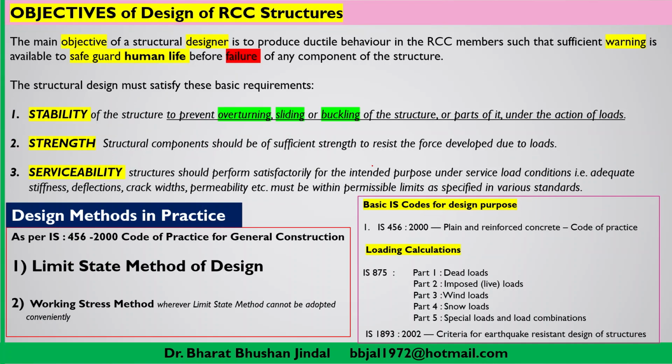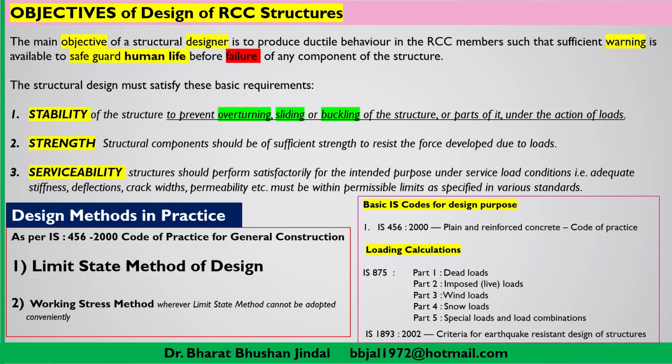As in lecture number 3, you remember we discussed the objectives of design of RCC structure. We discussed some basic requirements: a structure should be stable, having sufficient strength, as well as satisfactory performance during use.